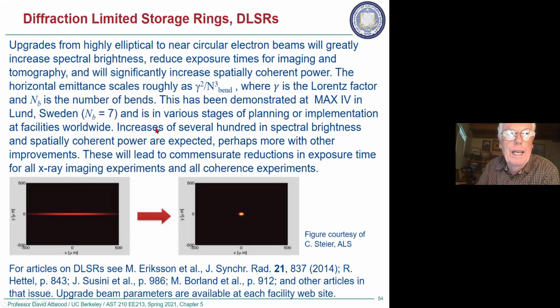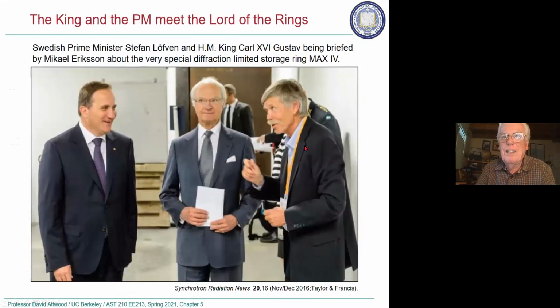And so at MAX IV in Lund, Sweden, led by one Mikael Eriksson, who often leads the international community in really novel approaches, for instance the top-off mode, where they try to keep the current constant rather than decreasing every time electrons are lost due to electron-electron scattering.